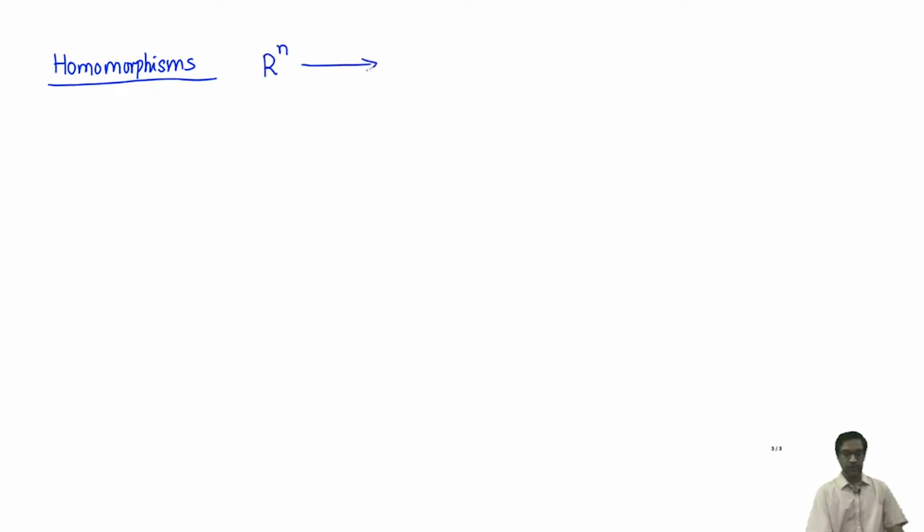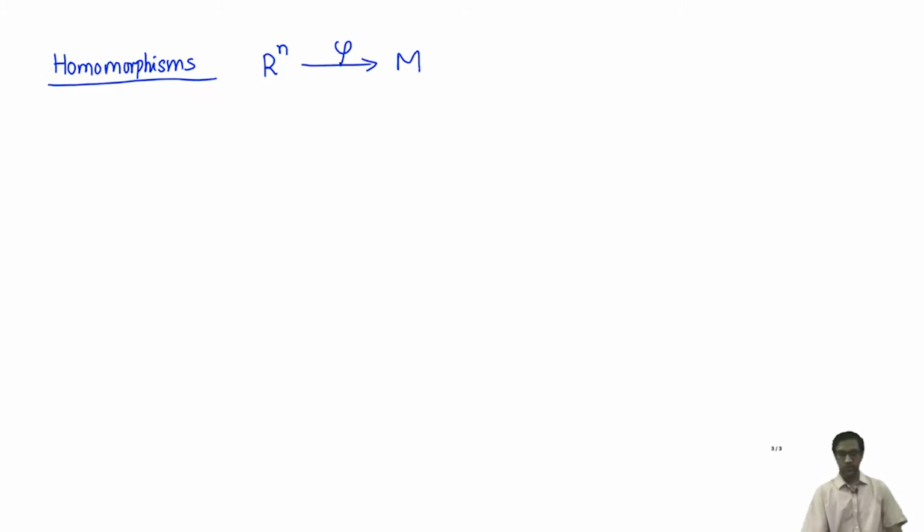So that's like vector spaces again, and the key point is free modules are especially good when you are trying to define homomorphisms from it to other modules. So how do you define homomorphisms from a free module? Suppose I give you a free module R^n and I want to define a homomorphism to any other R module M. The way to define it is just by stipulating its values on a basis.